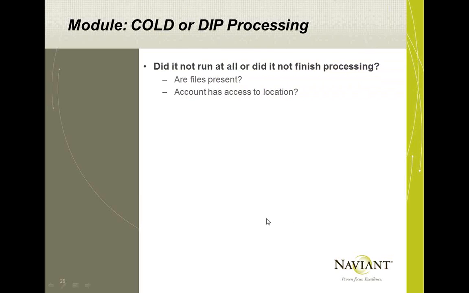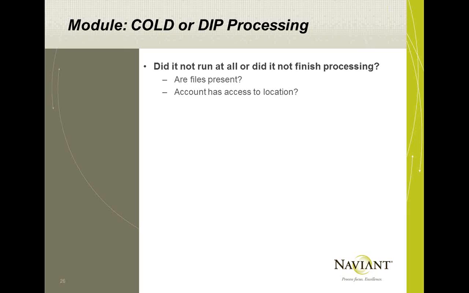COLD and DIP processing. Just like anything else, it's good to know: did it run at all? Did it not run? Are the files still in the directory that it's supposed to be pulling them from? Or are they gone and sitting in the errors file? If they're in the errors file directory, then obviously something happened while it was trying to process the document.